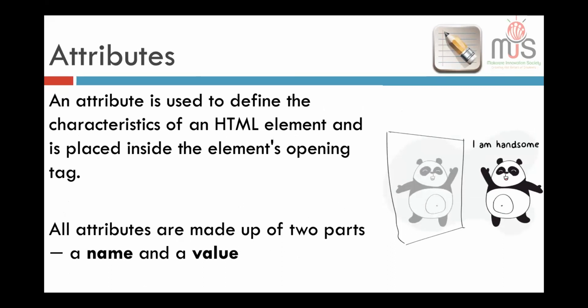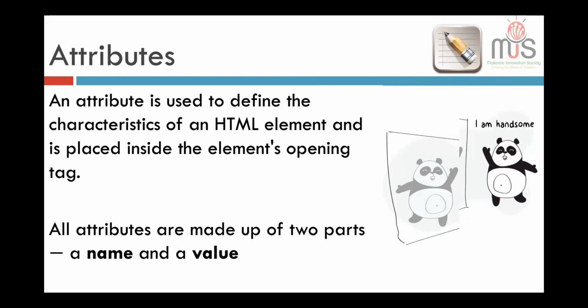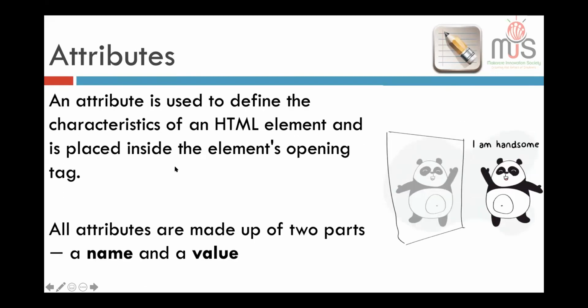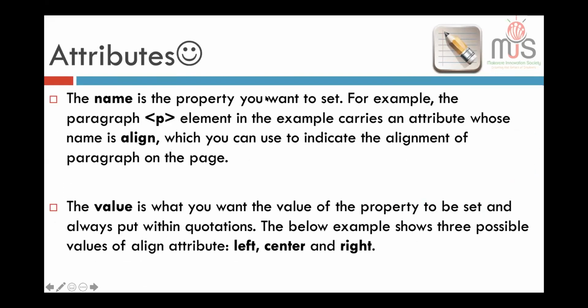An attribute is used to define the characteristics or features of an HTML element and is placed inside the element's opening tag. The opening tag is the first tag when you're opening whichever tag you're coming up with. All attributes are made up of two parts, the name and the value that it carries. The name is the property you want to set.